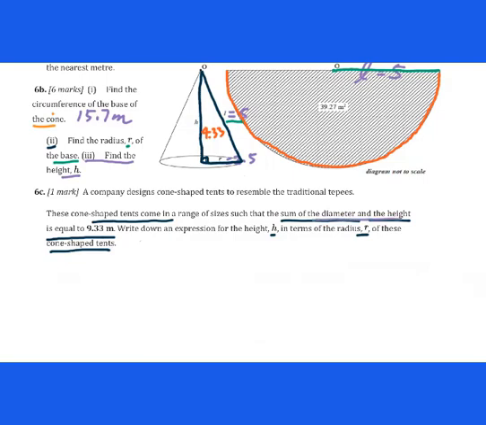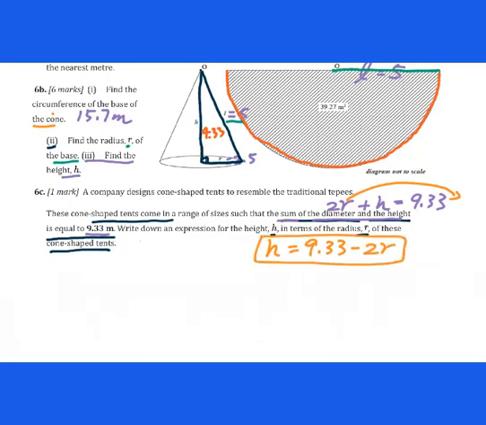Diameter and the height, the sum equals 9.33 meters, which means 2r plus h equals 9.33. Therefore, for this h, you will do 9.33 minus 2r. So h equals 9.33 minus 2r. This will be the answer to this question.